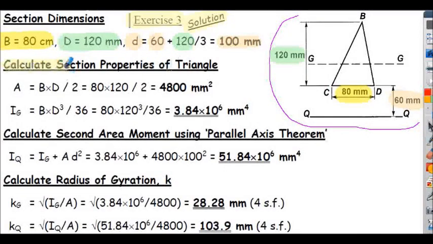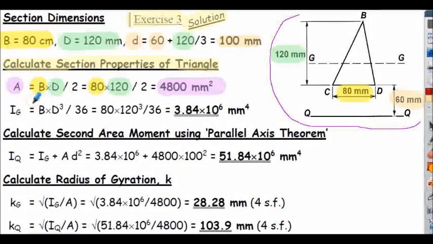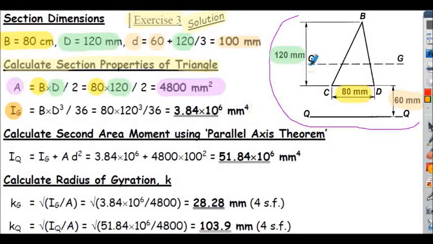We can calculate the section properties of the triangle. We calculate the area of the triangle. That's simply BD divided by 2, so this is the area calculated here in millimeters squared. To calculate the second area moment Ig about the centroidal axis GG, from our standard formula that's bd cubed divided by 36, so that property is calculated here.